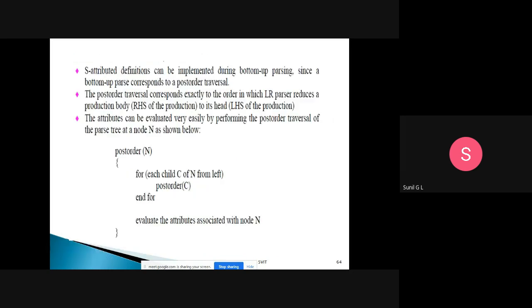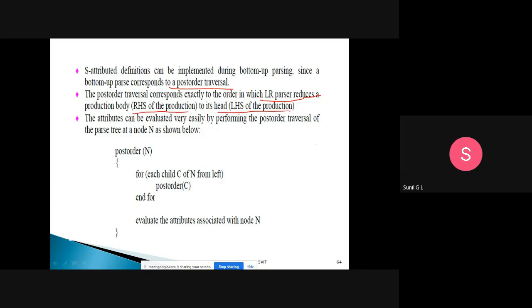This S attributed definition can be implemented during bottom up parsing, since bottom up parsing corresponds to a post order traversal. You already know post order traversal. A post order traversal corresponds to exactly the order in which an LR parser reduces the body of a production, the right hand side, to its head.